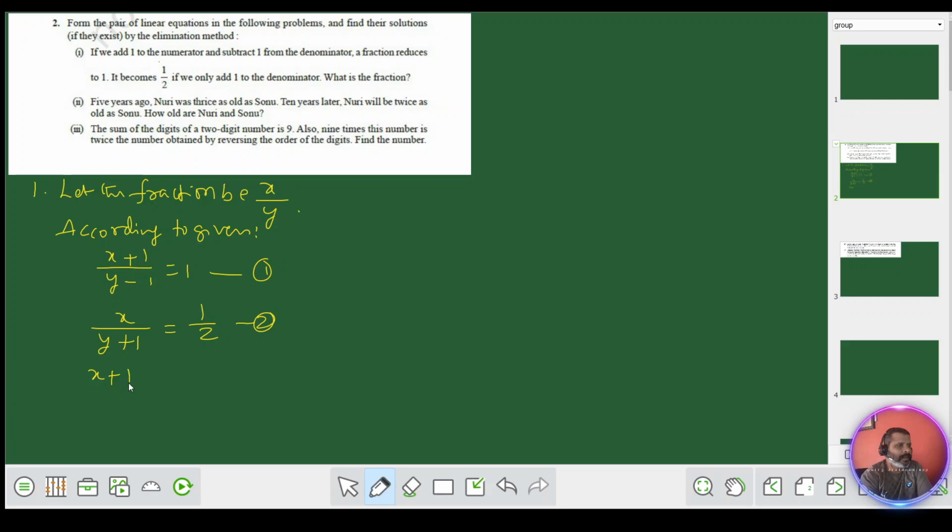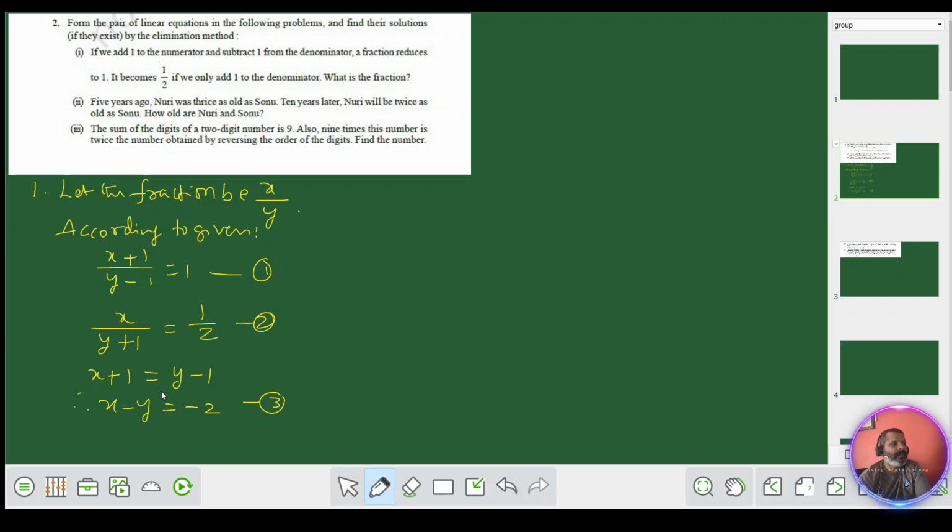So the first equation reduces to x plus 1 is equal to 1 into y minus 1, becomes y minus 1 only. I'll take the y to the left hand side and pass the 1 present in the left hand side to the right hand side. Therefore, I get x minus y equal to minus 1 minus 1, that is minus 2. That is the third equation.